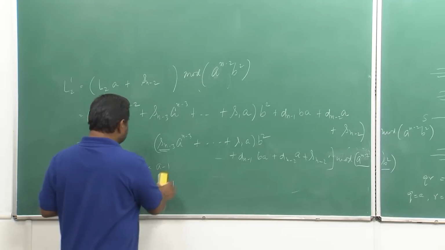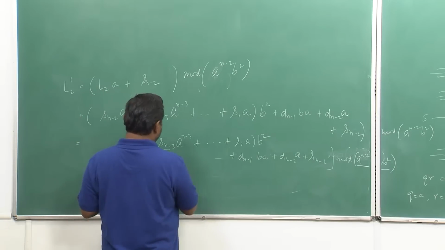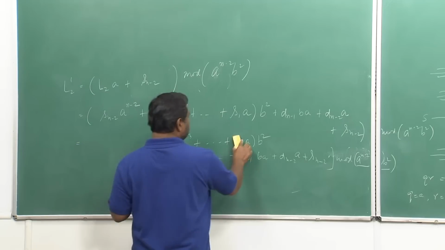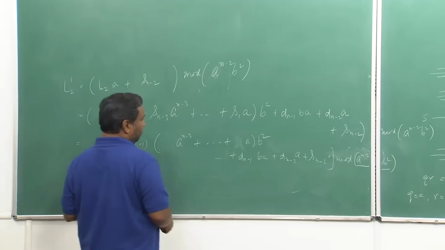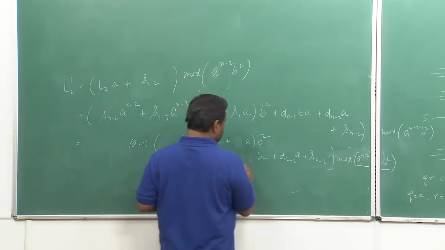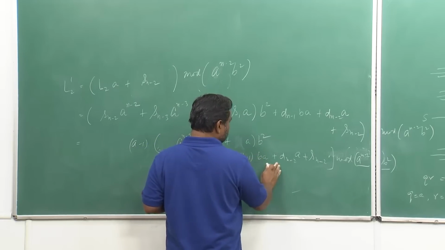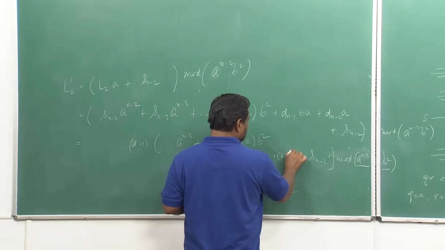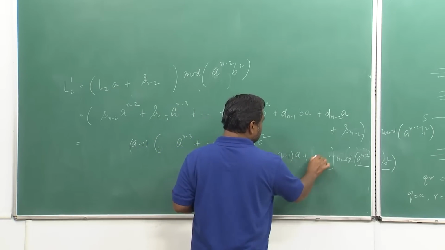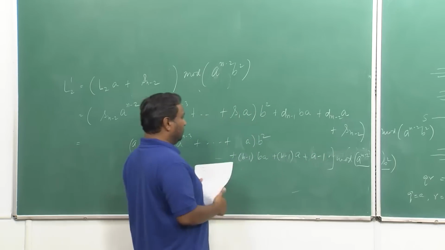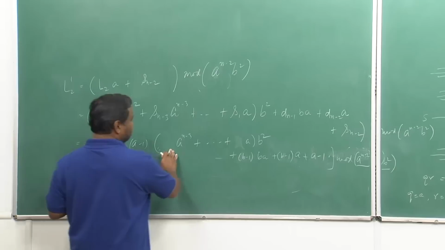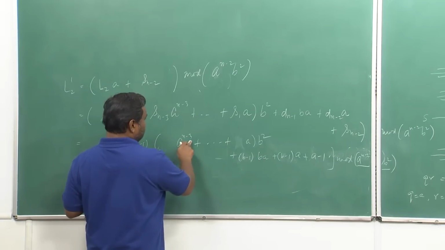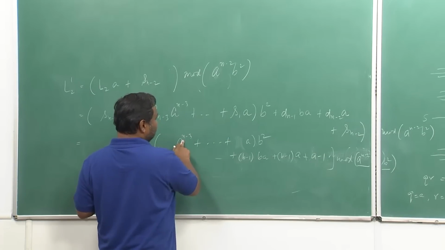So, once you do that, you will have a minus 1 coming out here, obviously. This one will become b minus 1, b minus 1 and a minus 1. Okay. So, once you solve, this series consists of n minus 3 terms.